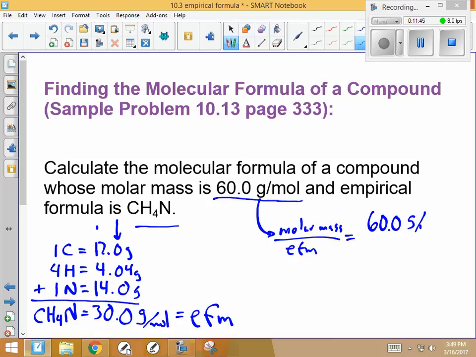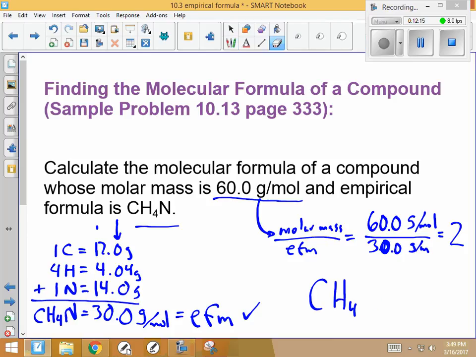60 grams per mole is the molar mass. We divide by the empirical formula mass that we calculated, which was 30.0 grams per mole, and we get a factor of 2. Now we'll take that 2 and multiply it by the empirical formula of CH4N.